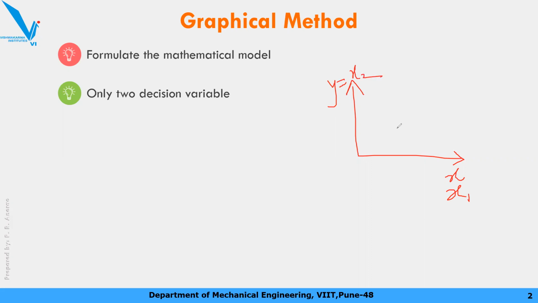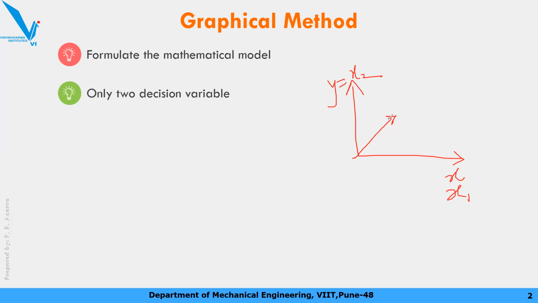If you have more than two decision variables, that means there will be a third dimension and it will be very difficult to solve using the graphical approach. And if there are even more, it becomes impossible to solve the LPP problem graphically.